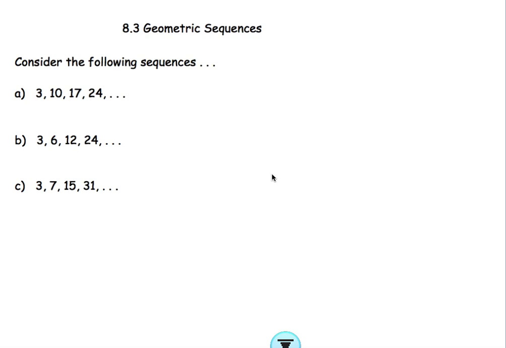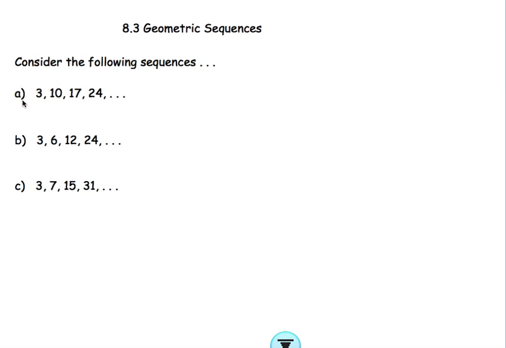Today we're going to talk about section 8.3, which is going to be dealing with what are called geometric sequences. We've learned about arithmetic sequences already, so this is just a different kind. So looking at these examples here, I would just want you to look at the pattern, see if you can establish a pattern.